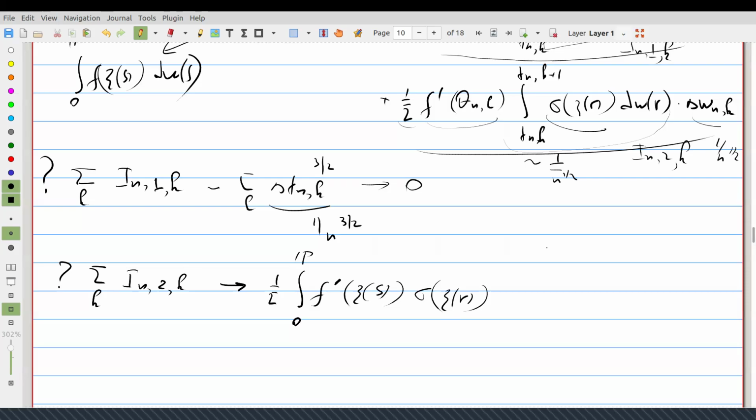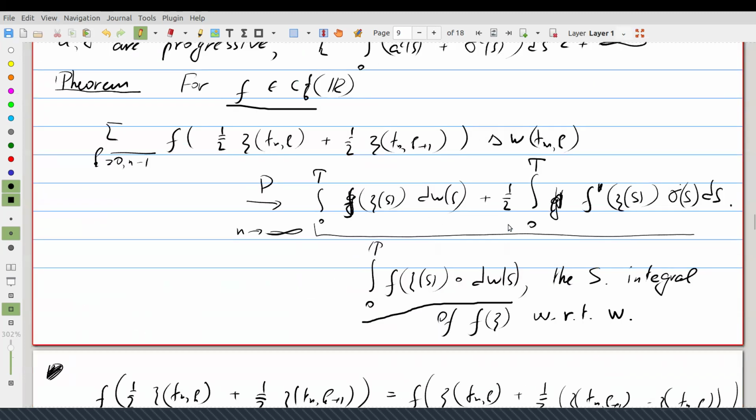But now, since we have delta w n k squared, this should give us the ordinary integral. So this is the intuition that can be made formal. Why we have this correction? And this is exactly the correction in Stratonovich integral.